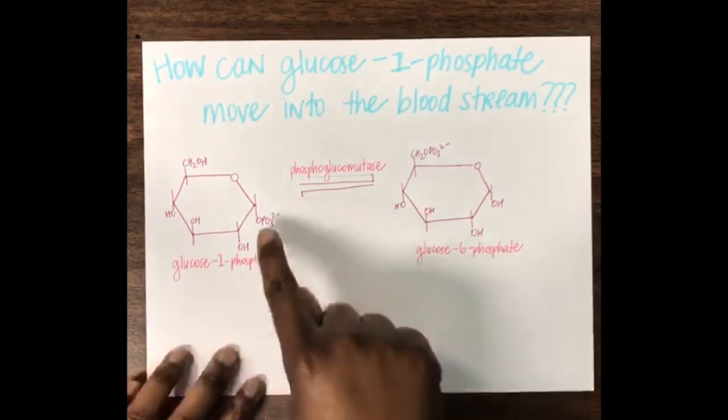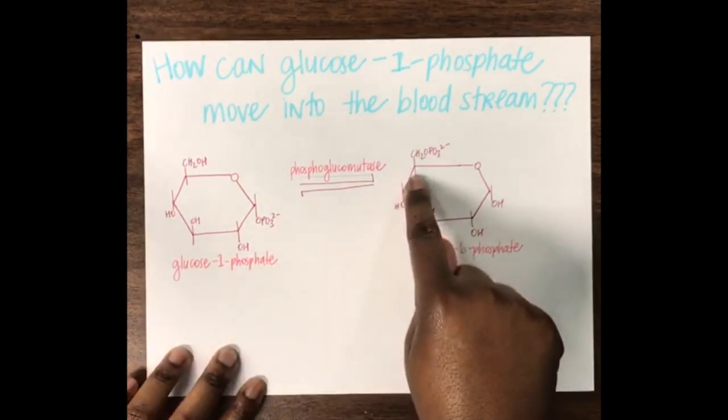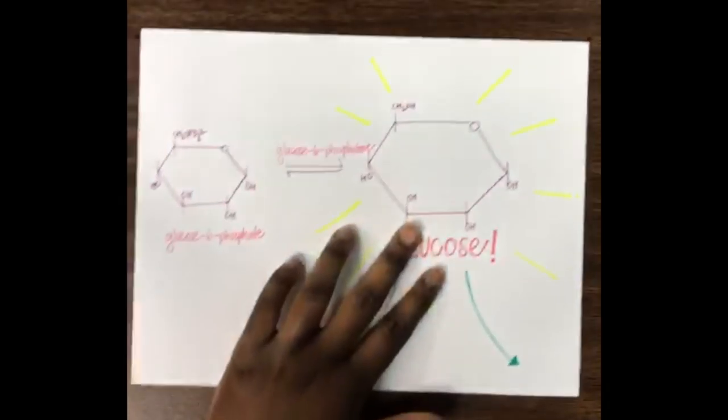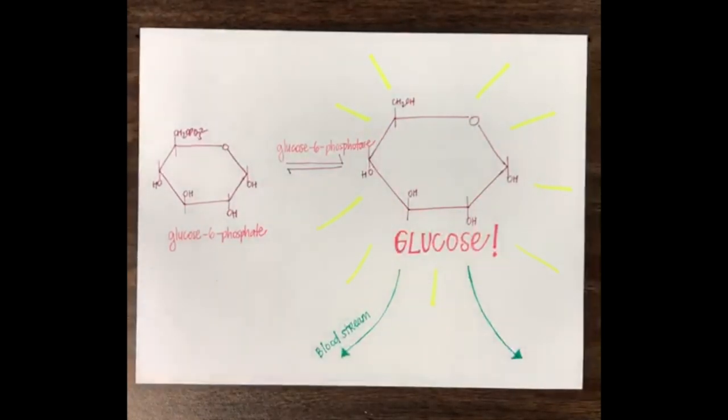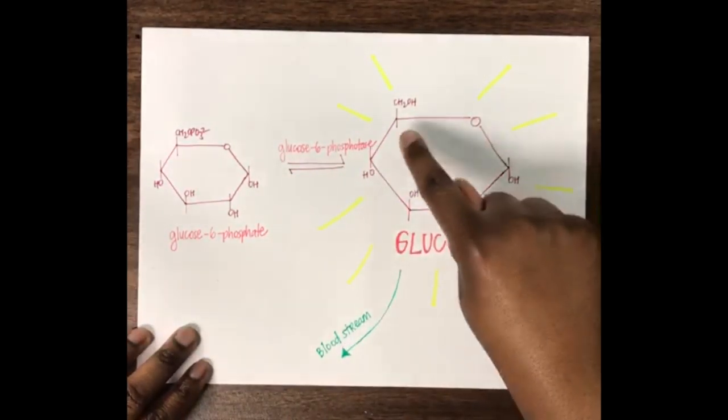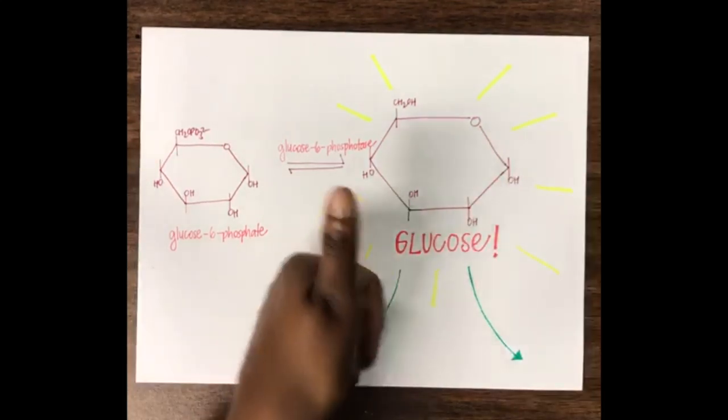To do this, the phosphate must be transferred to the 6th carbon with the enzyme phosphoglucomutase because there is no enzyme that can remove a phosphate on the first carbon of glucose. This allows glucose 6-phosphatase to remove the phosphate so that normal glucose can be absorbed into the bloodstream.